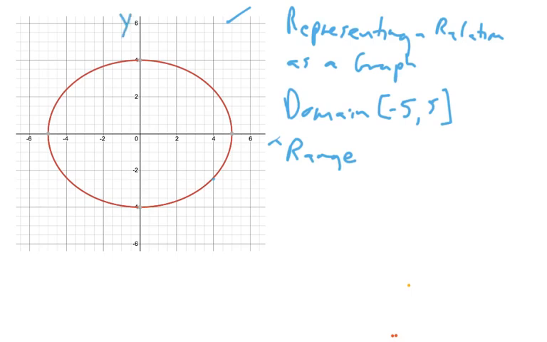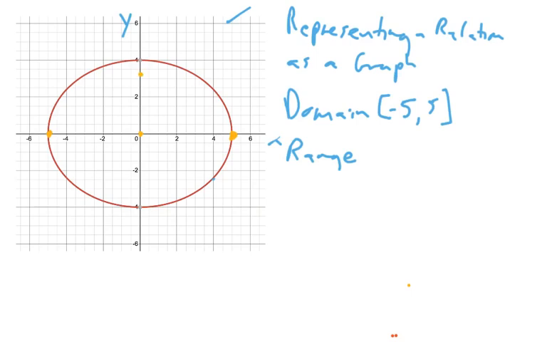So what we'd be looking for is all values of y that correspond to points on the graph. What do I mean by that? Well, for example, if I pick a y value right here, there are points on the graph that have that y value, this one and this one. That means that this y value, 0, is part of the range. There are points that correspond to that.